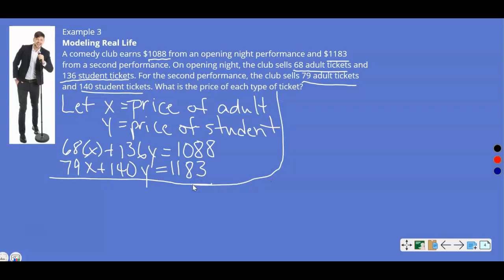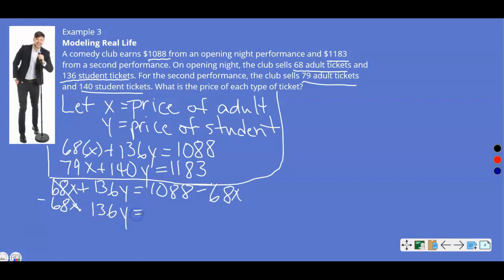All right, so this is all our given information here. We just simply wrote this down from reading the word problem. So we're going to take 68x plus 136y equals 1088, and I'm going to solve for y. So subtract 68x from both sides. So I'm going to have 136y equals, if I want to switch this around, negative 68x plus 1088.